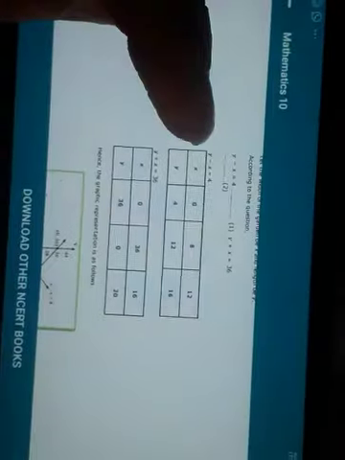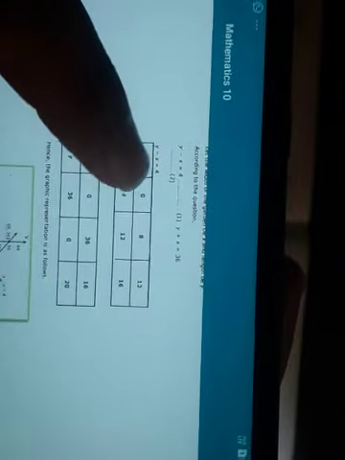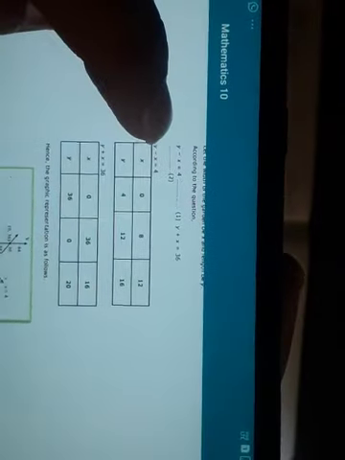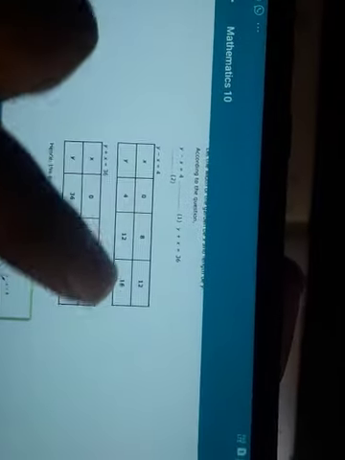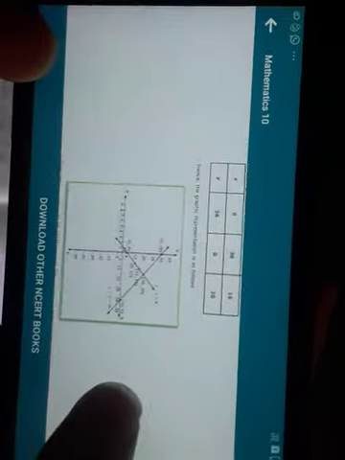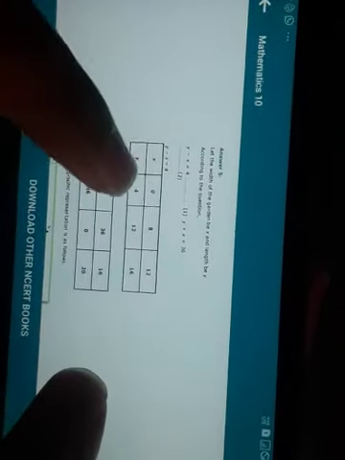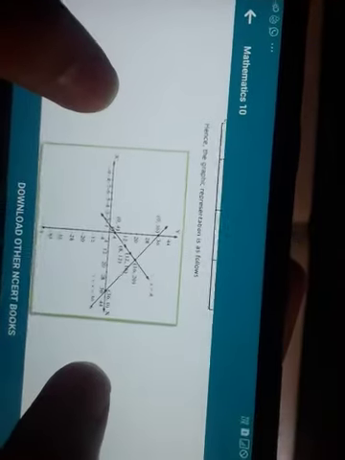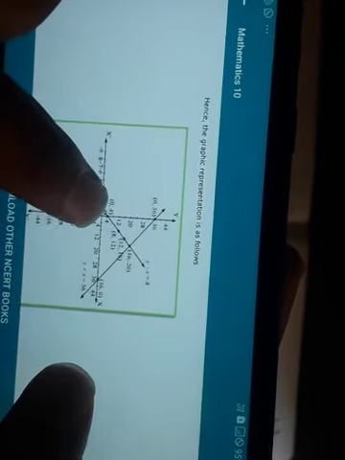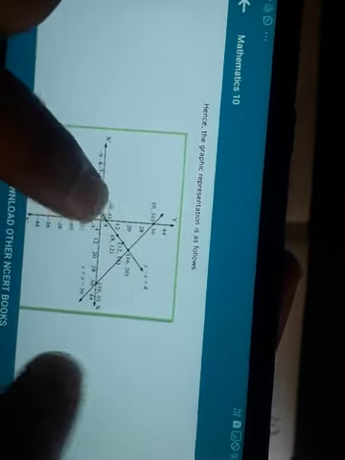As discussed earlier, they take randomly any value of x, put the value in the equation and get the value of y. That is how they take 2 or 3 values in both conditions. Suppose the first value is x 0 and y 4, that is the point (0, 4).